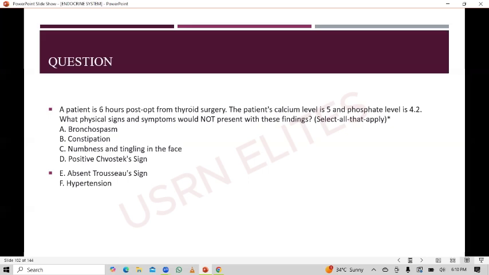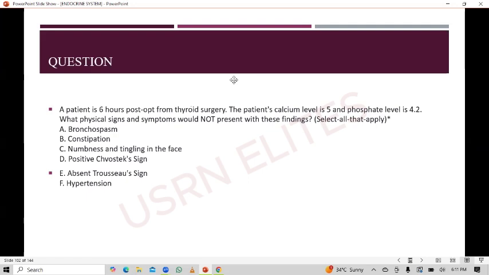Here it's quiet. Any help? The question is confusing us. I'll choose A, B, and F. I'll choose A, B, E. Are you sure?